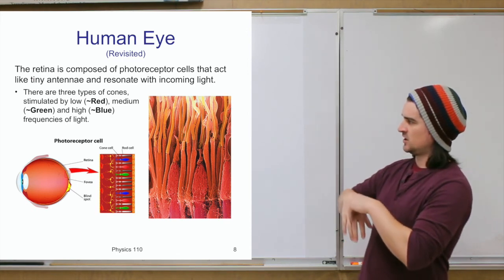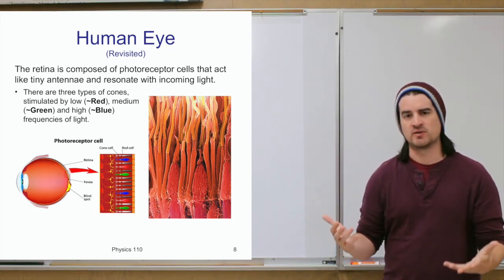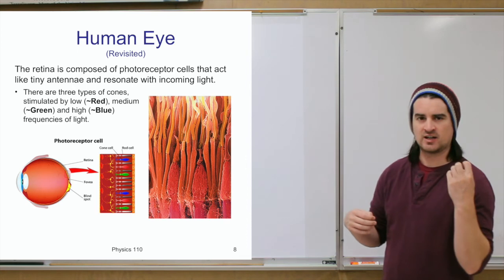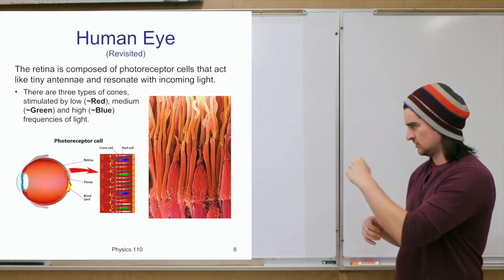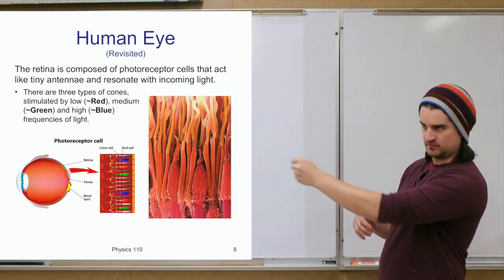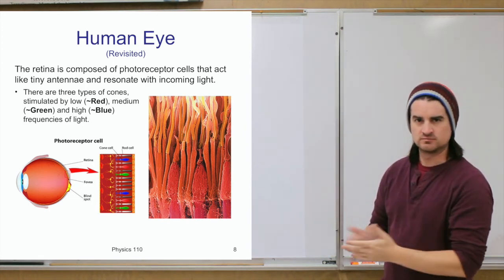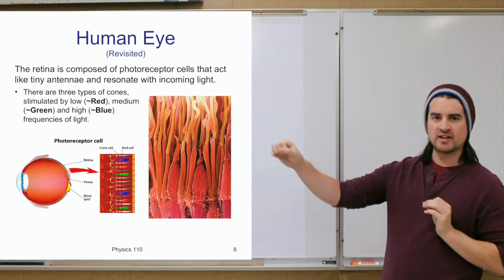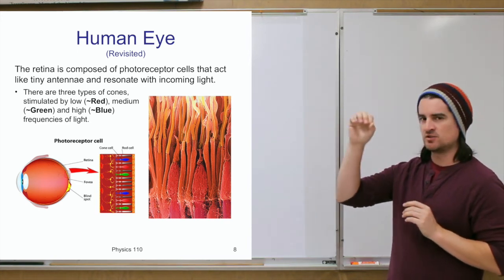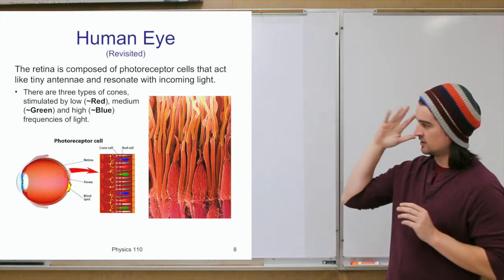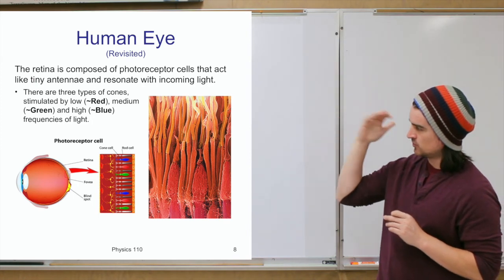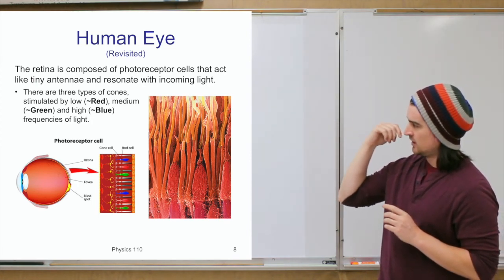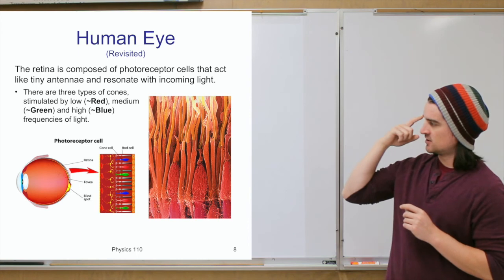So again, it's useful to think about light as a photon sometimes. Say a red photon comes into your eye, from some red light. It goes through your cornea, through your pupil, through the lens, and eventually it's focused to the back of the eye.